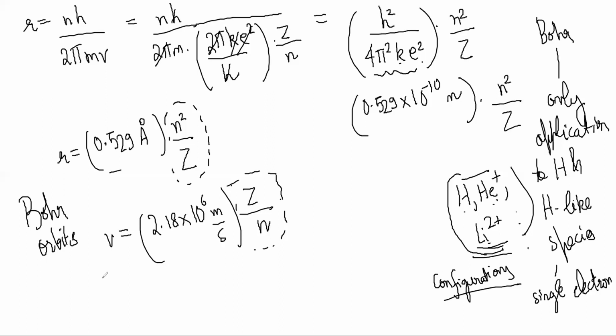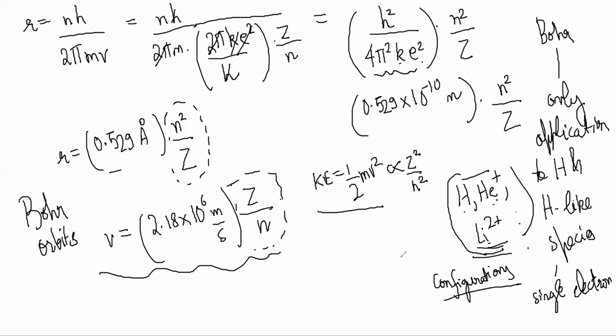Now notice that since velocity is like this, kinetic energy will be half m v square, right? For an electron, the kinetic energy will be proportional to Z square by n square. Now when you do a little bit of electromagnetism and Coulomb's law, you'll know that the potential energy of a charged particle is negative k q1 q2 by r.